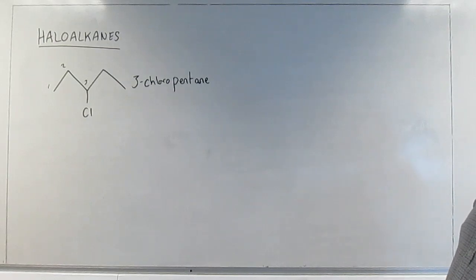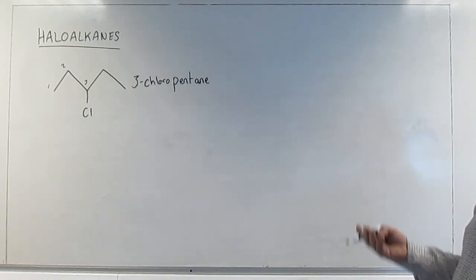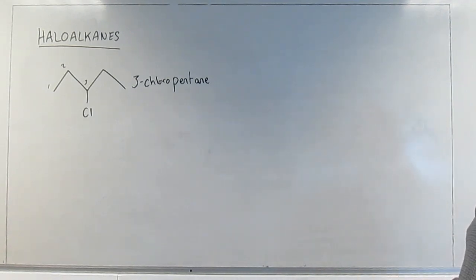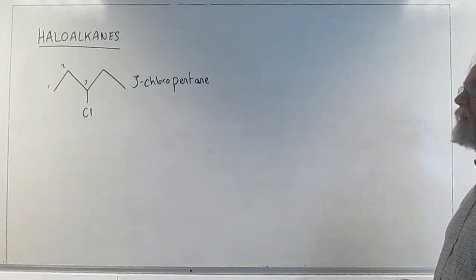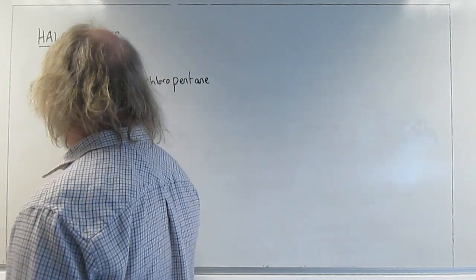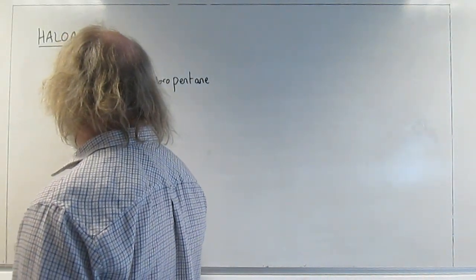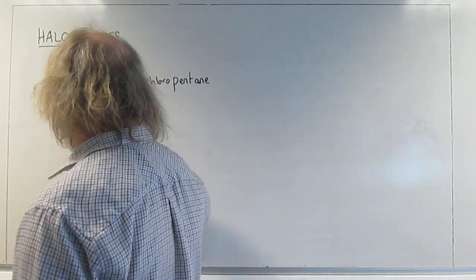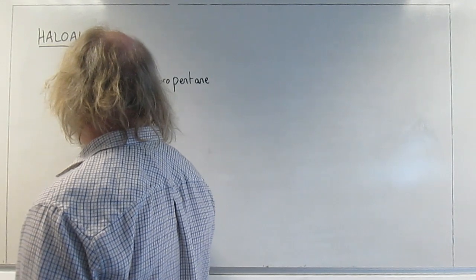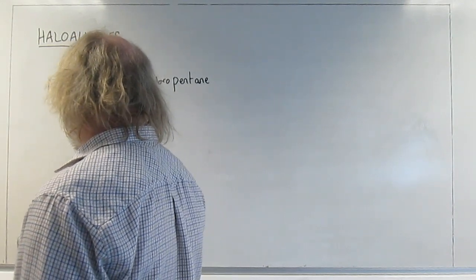The second thing that we need to think about is what effect it has on the physical properties, by which I mean melting point, boiling point, and solubility in water. What effect does it have putting a halogen atom into the molecule? So if we compare two very similar compounds, we've got ethane and we've got fluoromethane.